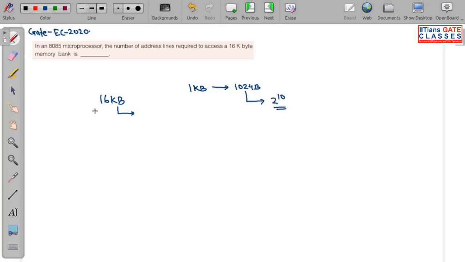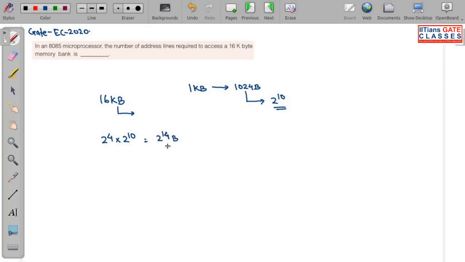So I can write 16 kilobyte as 2 to the power 4 into 2 to the power 10, which is 2 to the power 14 bytes.